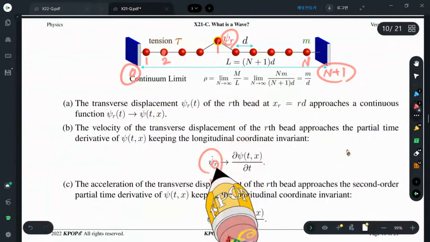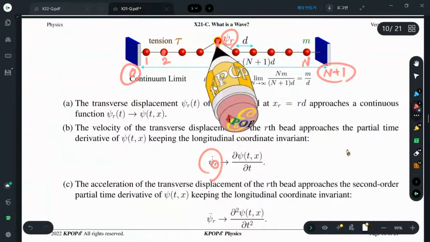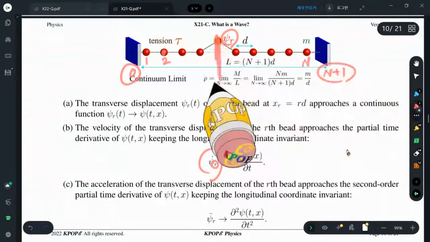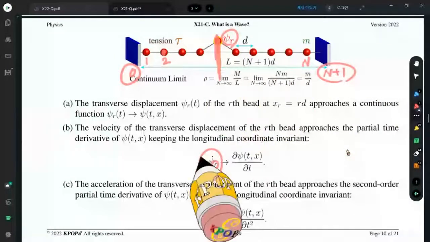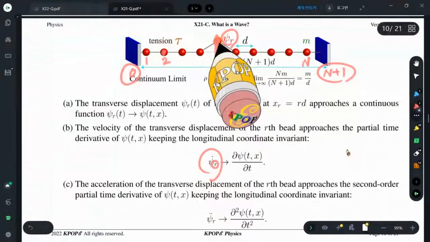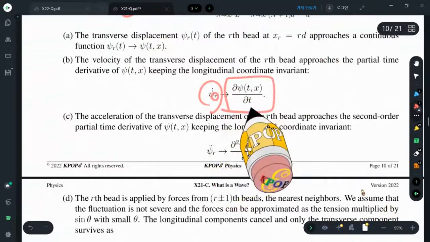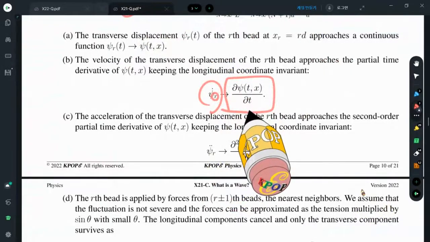If I keep r and change time, I can evaluate the velocity, the vertical velocity. This is a transverse wave, so the vertical velocity of each bead is obtained by taking the partial time derivative of the wave function.